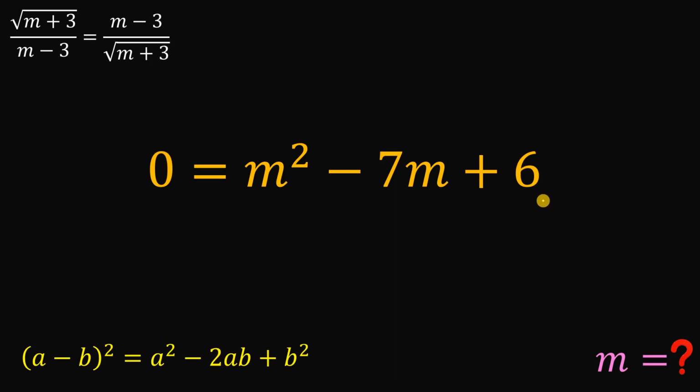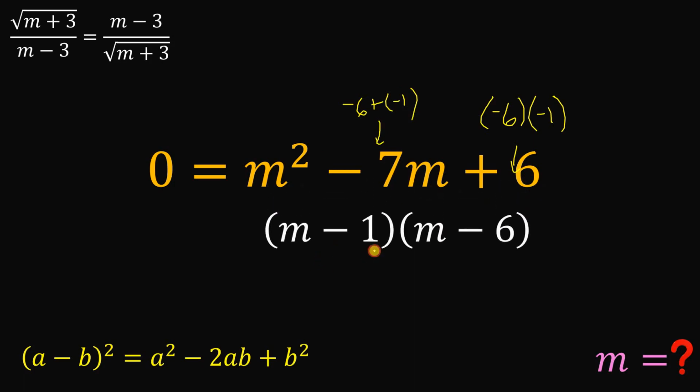Now, to factor this, notice the 6. This 6 is just negative 6 times negative 1, which is positive 6, and negative 6 plus negative 1 gives us negative 7. So m squared minus 7m plus 6 factors as m minus 1 multiplied by m minus 6.